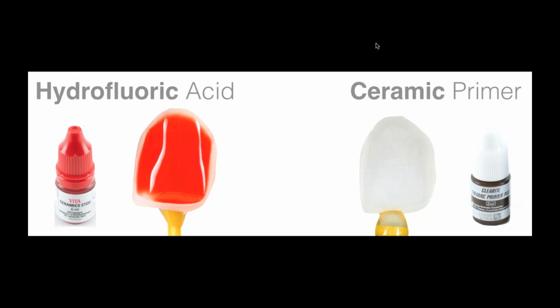When we apply the silane coupling agent, we have a more reactive, more irregular surface, and then we can combine the best of both worlds for adhesive cementation: micromechanical interlocking and chemical bonding through the use of these silane coupling agents.